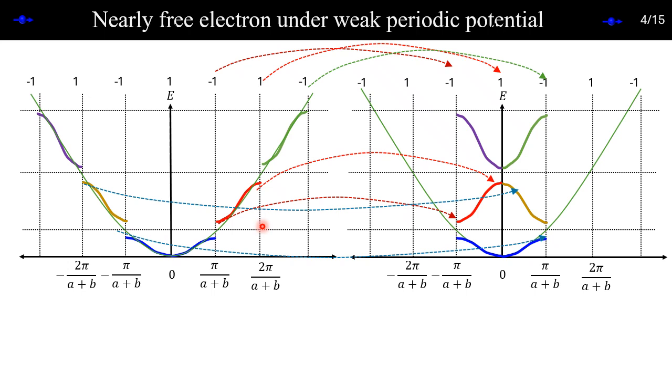So this is the intuitive understanding. Now you know this E versus K relation. In the next 15 minutes, you'll appreciate the implication of this E versus K dispersion. Because if you know the E-K profile, you know everything for a material as a transport engineer or as an electrical engineer.